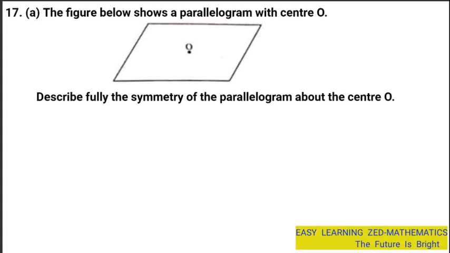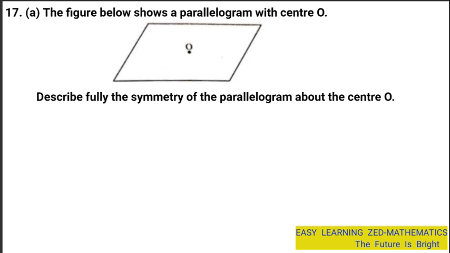Okay, so this is question 17a, and the question is as follows. The figure below shows a parallelogram with center O. Describe fully the symmetry of the parallelogram about the center O. So here we are talking about order of rotation.